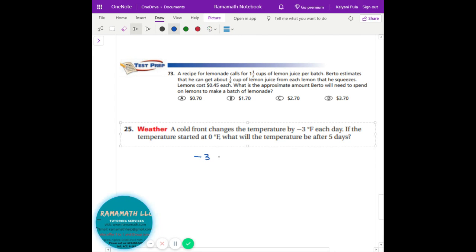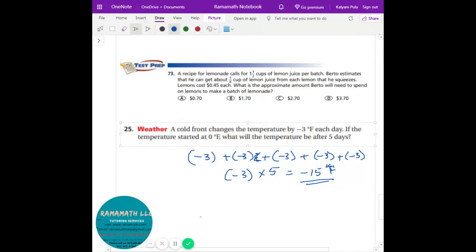Every day is -3, right? -3 plus -3 plus -3 plus -3 plus -3. Or simply -3 times 5 days. So you get the same thing. Degrees Fahrenheit. Good work.